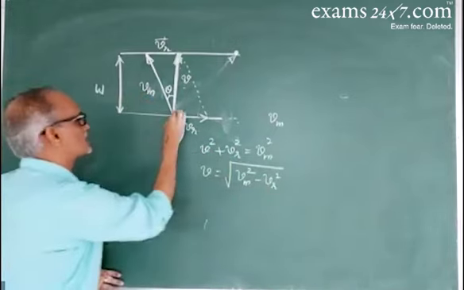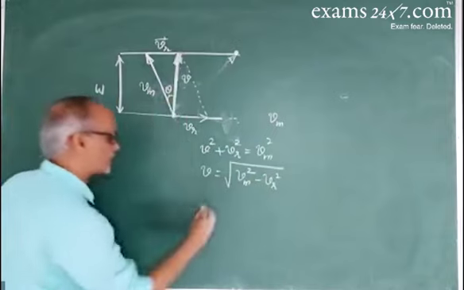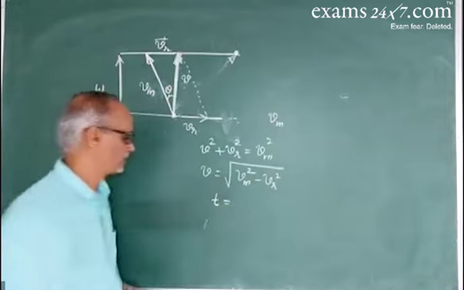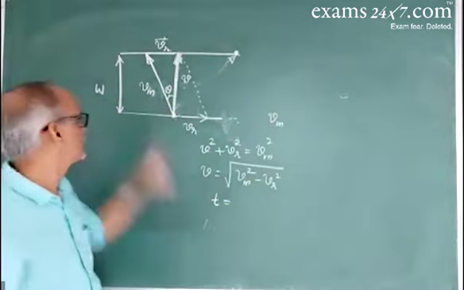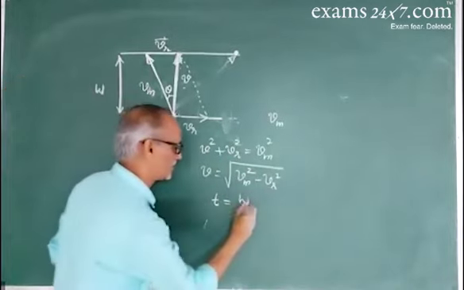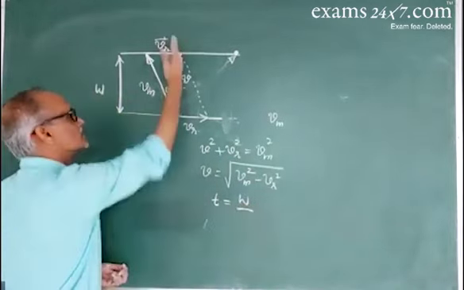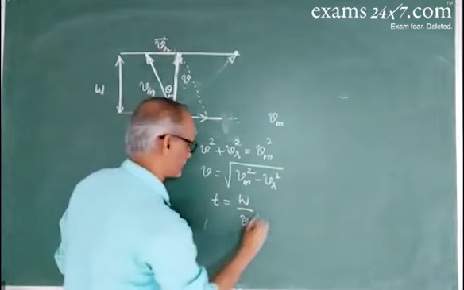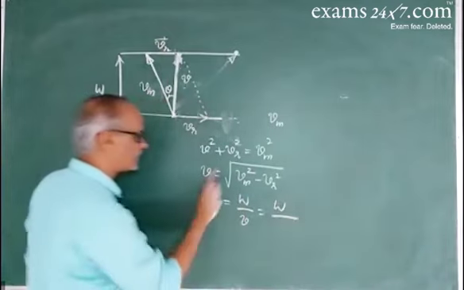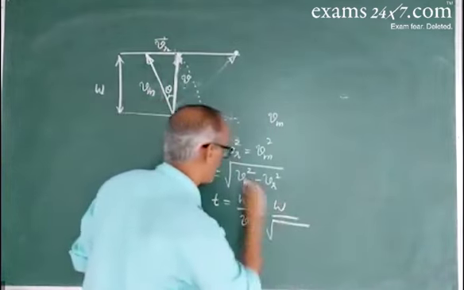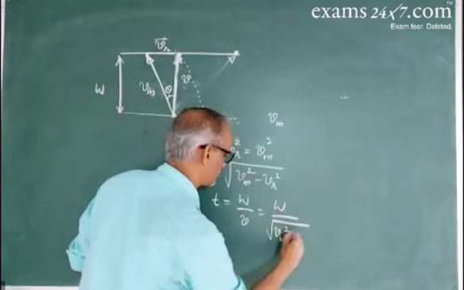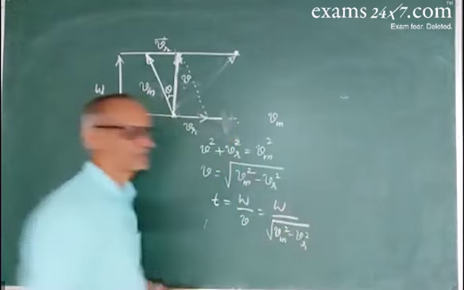So therefore, to cross the river, what is the time taken by the man? So time is equal to distance, which is W, by the velocity along this direction, which is V. And what is the value of V? V is equal to root of Vm square minus Vr square.